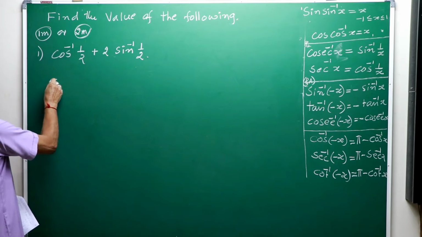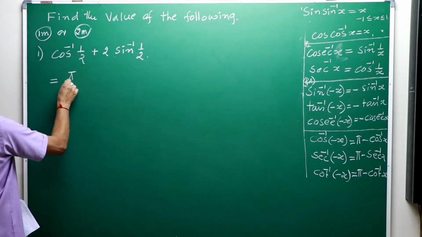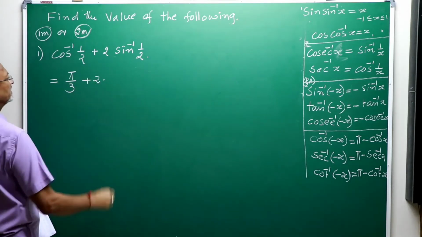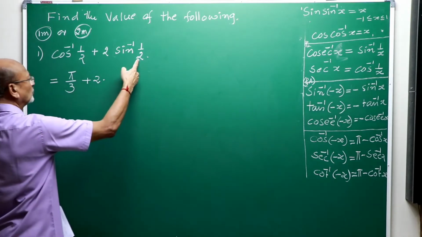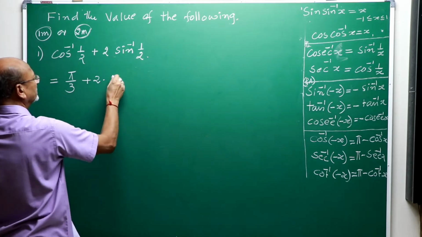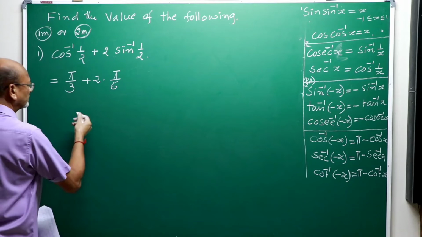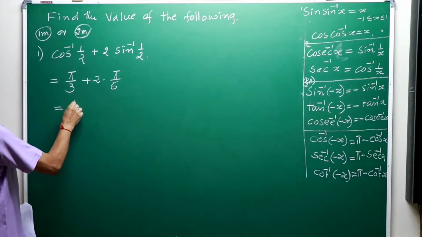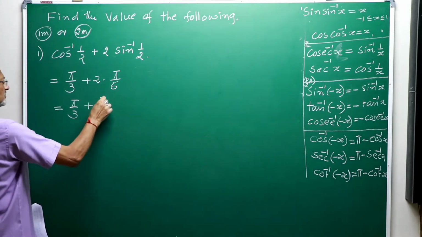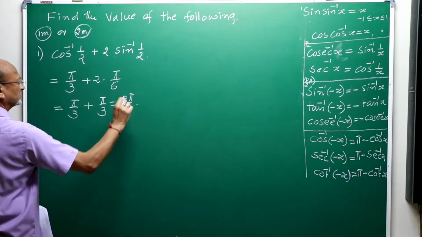Angle whose cos is 1 by 2 is 60 degrees, or pi by 3 radians, plus 2 into sin inverse 1 by 2, an angle whose sine is 1 by 2, that is 30 degrees, which is pi by 6 radians. Simplified, pi by 3 plus pi by 3 is 2 pi by 3, my friends.